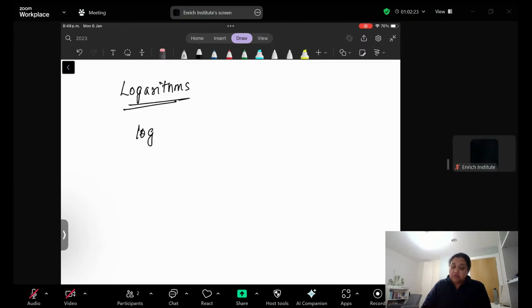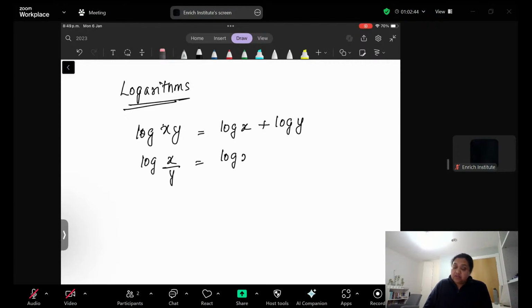For example, there's a formula called log xy. Log xy is equal to log x plus log y. Or log x over y is equal to log x minus log y. Or log x to the power of p can be written as p log x.